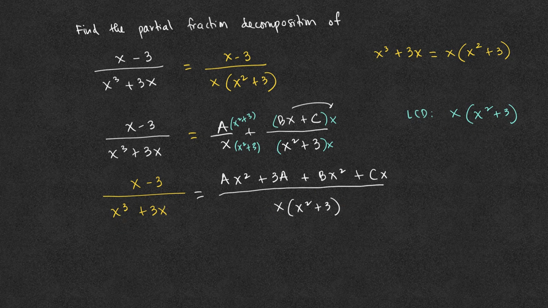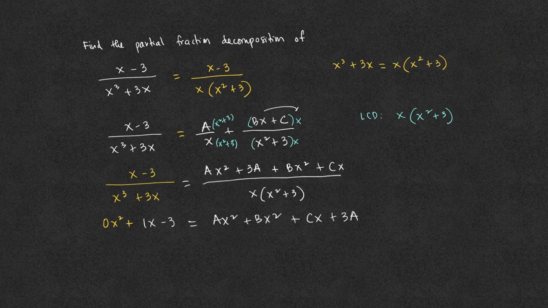The numerators must be the same as well, so we must have 1x minus 3 on the left-hand side equals, and then we group the like terms, Ax squared plus Bx squared plus Cx plus 3A. There is a term in x on the left-hand side, but there's no x squared on the left-hand side, so we go ahead and add 0x squared. 0x squared is no x squared.